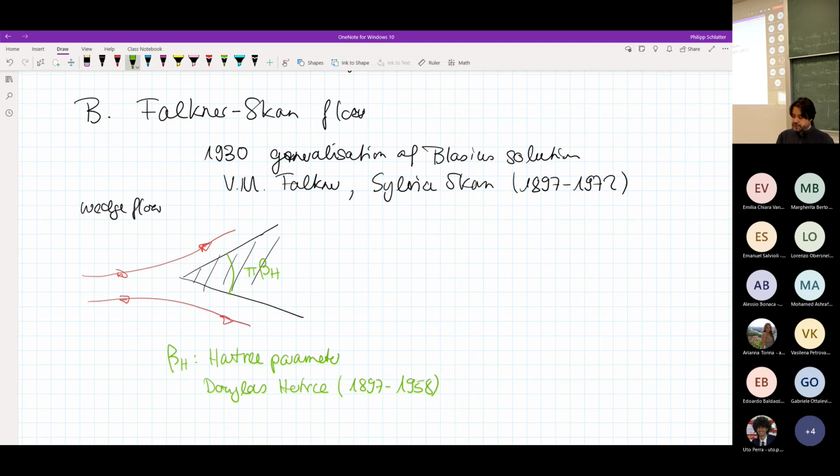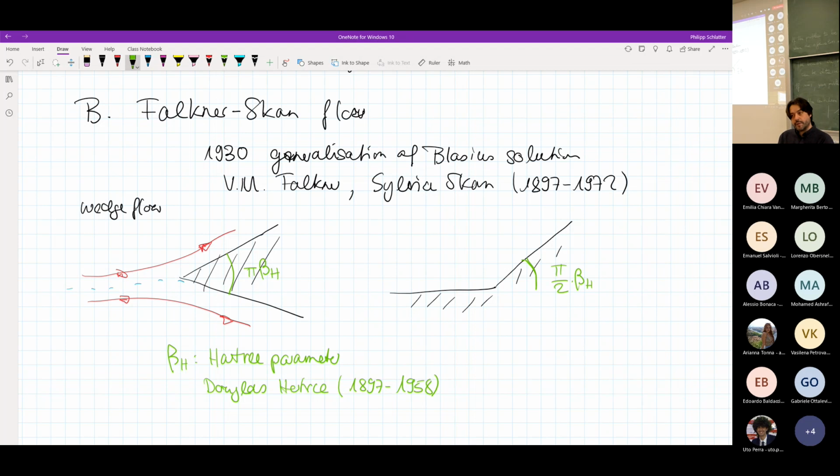So it was this wedge flow, and of course now, because you can assume that there is a symmetry here in the middle, you can say it's the same solution as the flow that you would get over a ramp, just because of the symmetry. And if you consider it as a ramp, then this angle, which is now half of the wedge angle, would be pi half times beta_H.